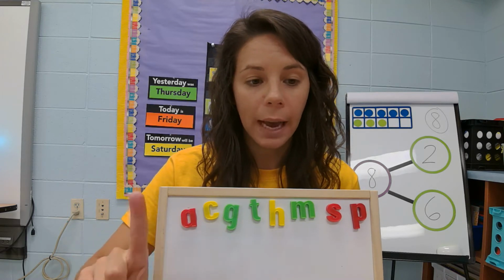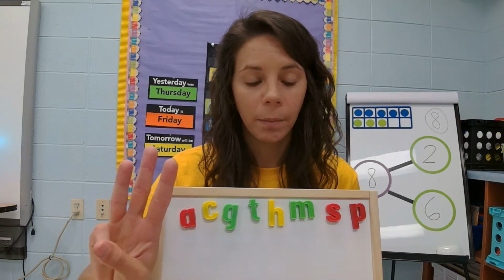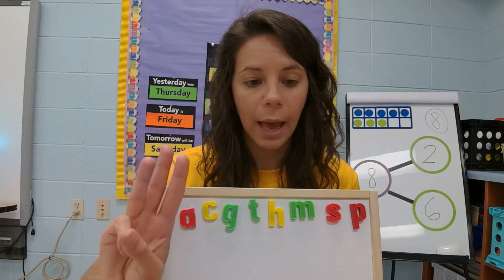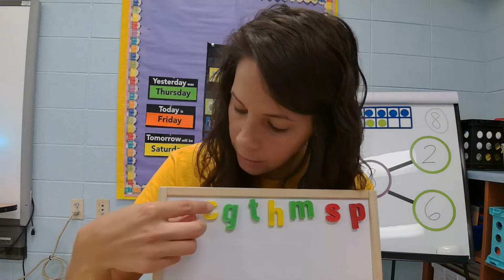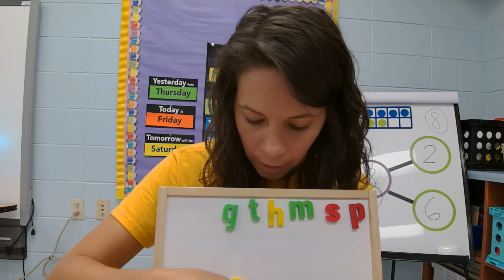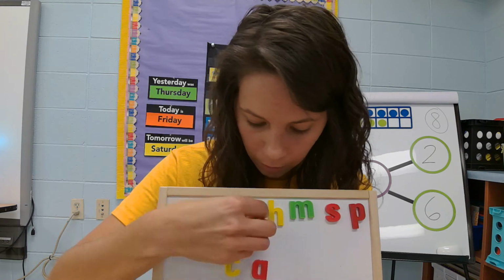Let's see, how many sounds? K, a, t. Awesome. 3 sounds, so that means I need 3 letters. So go ahead and pull down those letters that you hear. You do it on your letter tiles, and I'll do it on mine, and then we'll check.